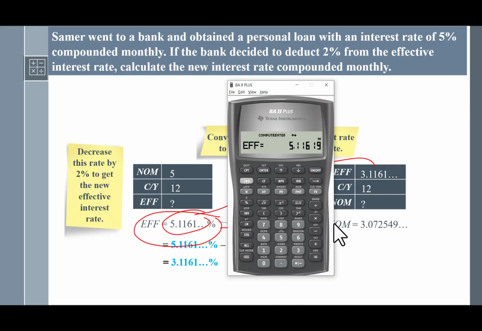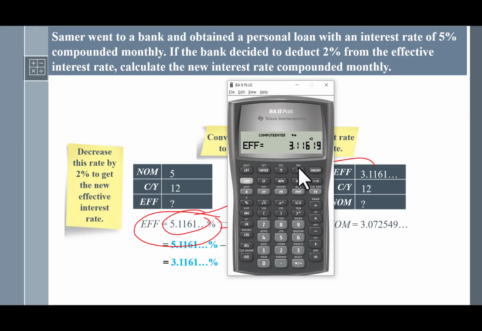So now I'm going to subtract 2 from that. It's very important to press enter here because you're doing a calculation outside the worksheet. If you don't press enter, the effective is still 5 point. Once you see the equal sign here, that means it's correct.